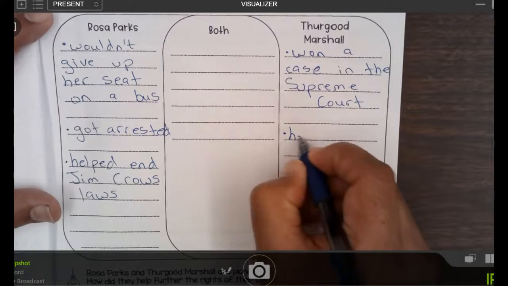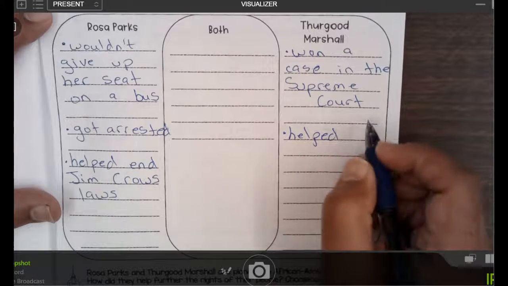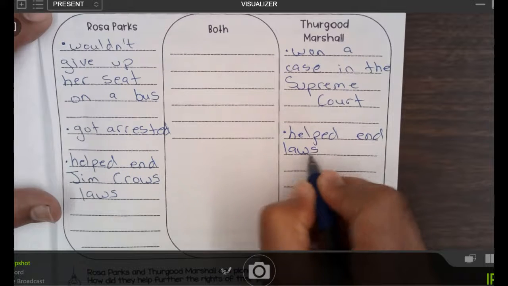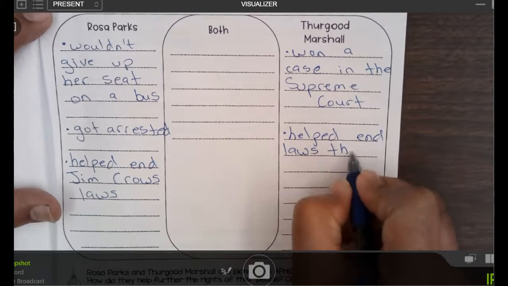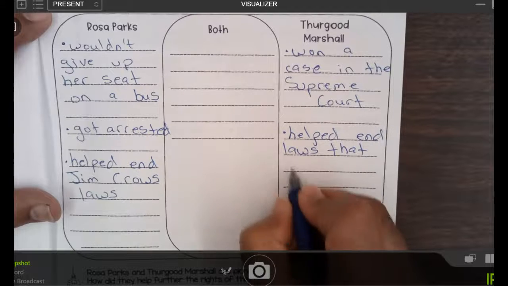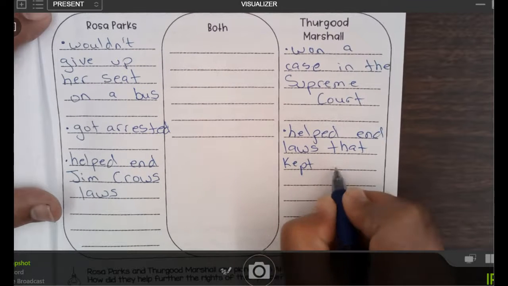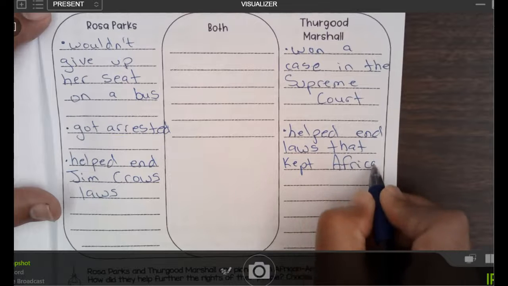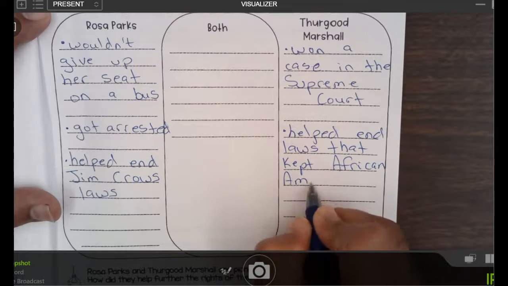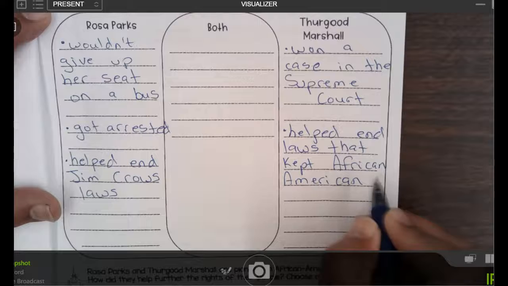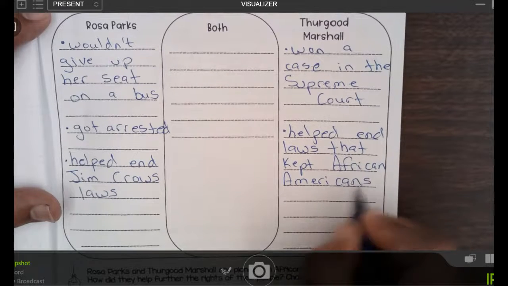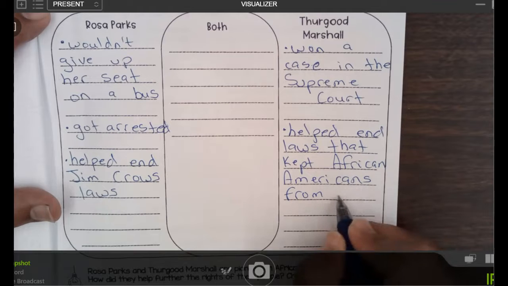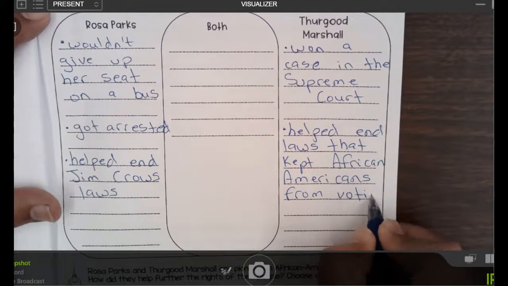And then he helped end laws that kept African Americans from voting.